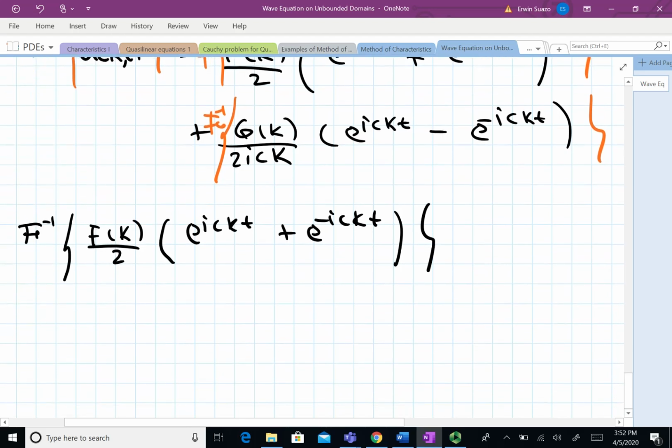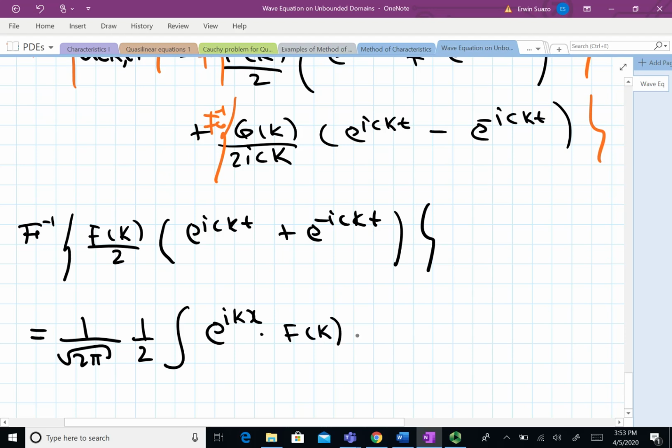By definition of the inverse Fourier transform, this is 1 over square root of 2 pi, taking the 1/2 outside, the integral of e^(ikx) times f(k) times (e^(ickt) + e^(-ickt)) dk. It's dk because it's the inverse Fourier transform.